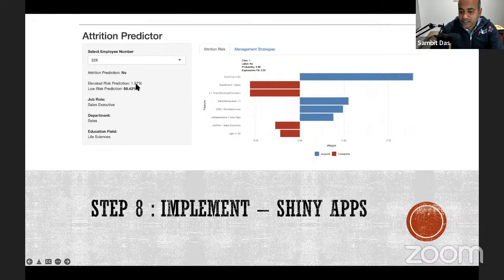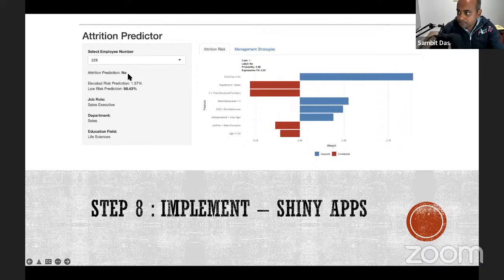You mention that it is above whatever that percentage is, and then it says that the probability of this person leaving is 0.56%. So in our app, we do not say this person is going to leave, yes or no. We are only highlighting the model results, and there's a probability which is also derived from the model and the variables for those employees.